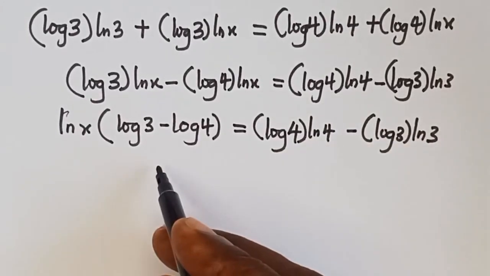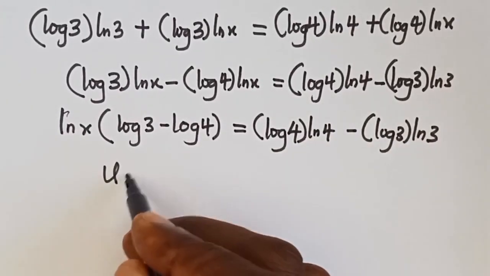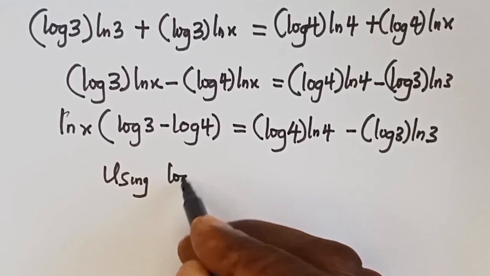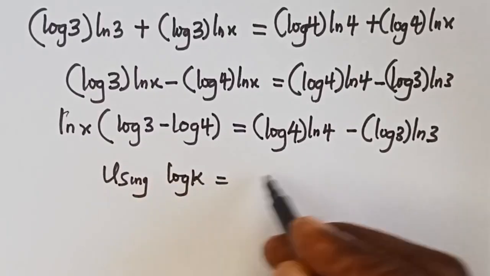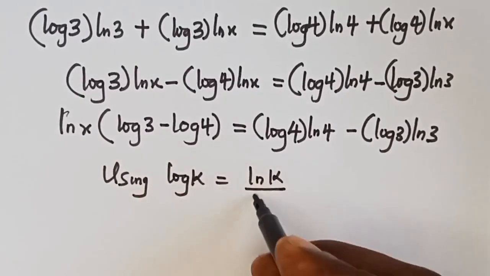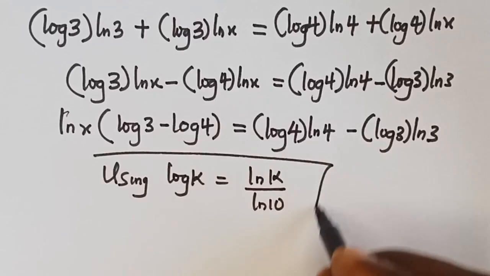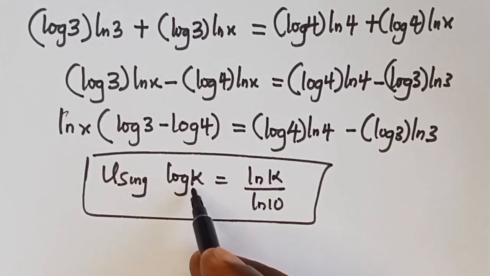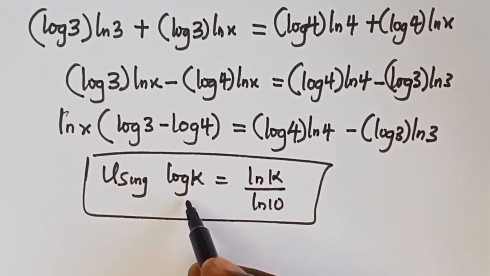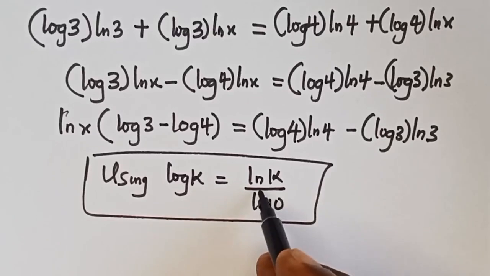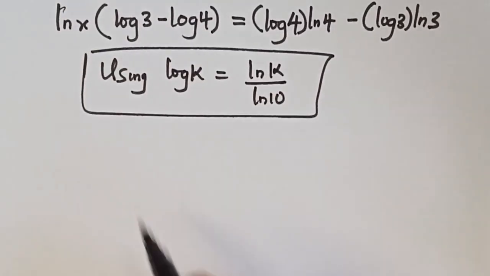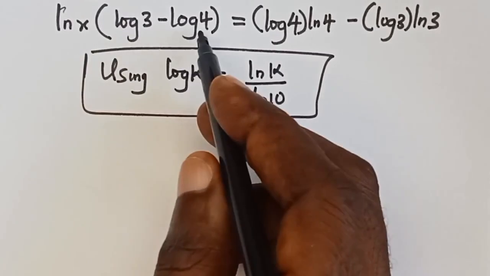Okay, now we are going to use the change of base: log k gives us ln k over ln 10. So if we have log k and we want to convert it to ln, it becomes ln k over ln 10. Alright, so that is what we are using for log 3 and log 4.